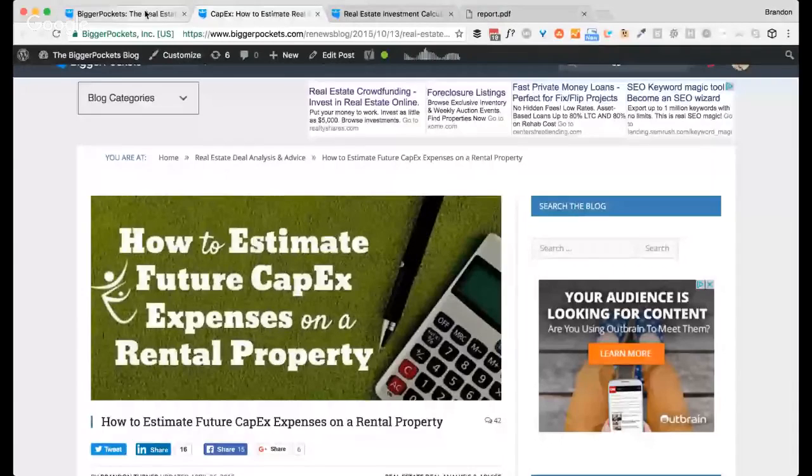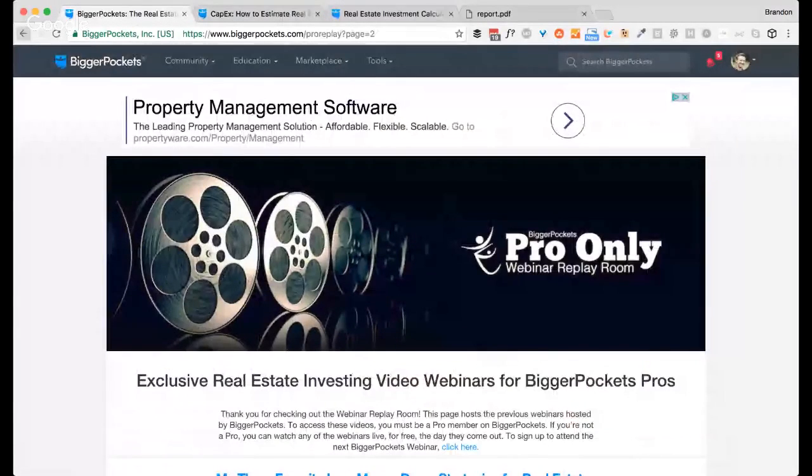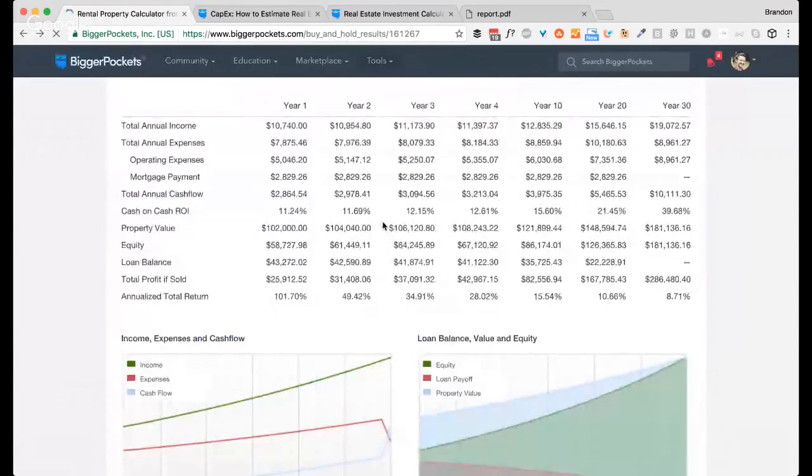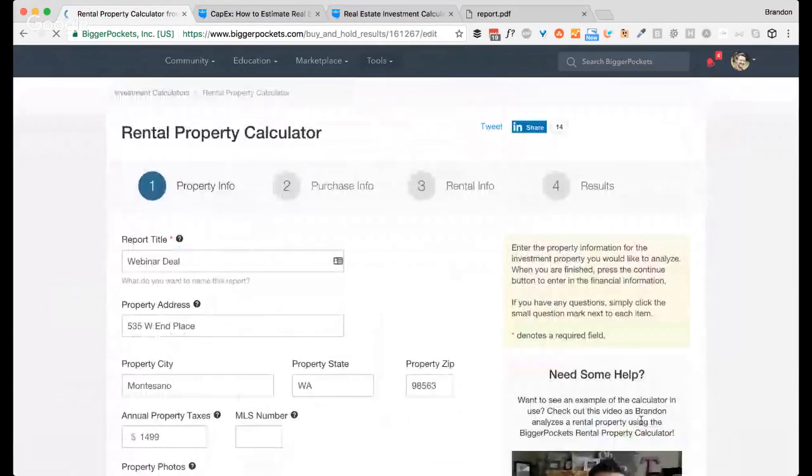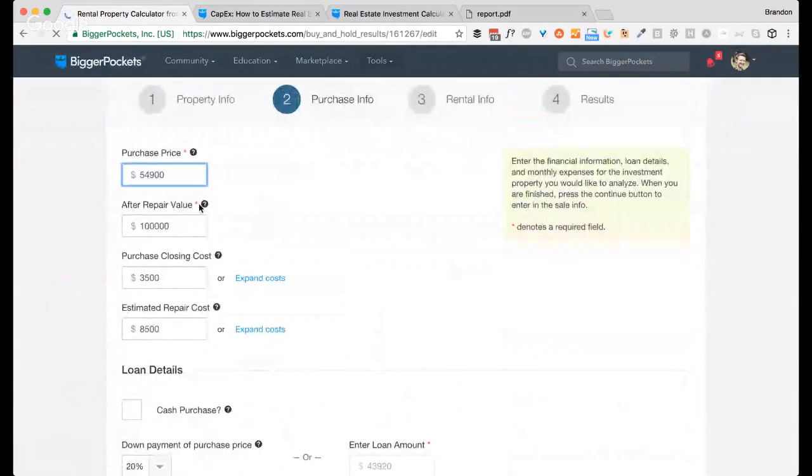And if you want help with that, remember in the calculator, there was that one option. Let me show you again. So in the calculator, oh, did I close it? I closed it. Let me go back. All right, in the calculator, if I hit edit report, it was on page 2 under after repair value.